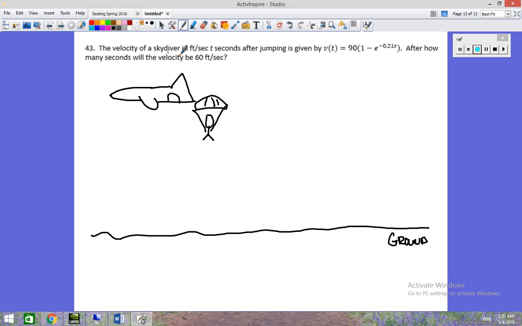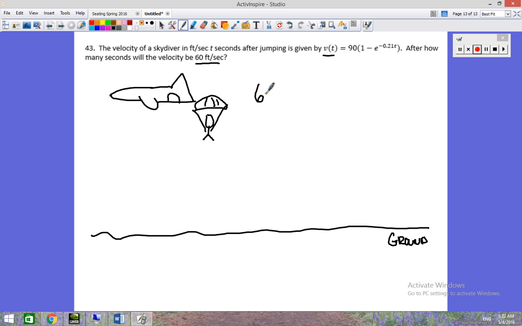So it wants to know after how many seconds will the velocity be 60 feet per second. So I lied a little bit. We're not plugging something in. This 60 feet per second is the velocity. It's the left-hand side of this equation. So at what point is the person's velocity, how many seconds after they jump out of the plane will they slow to 60 feet per second?